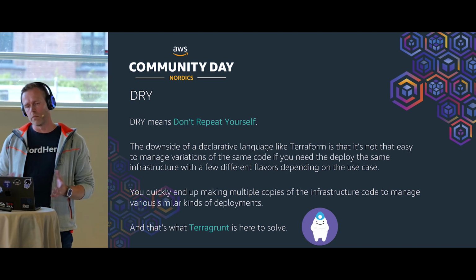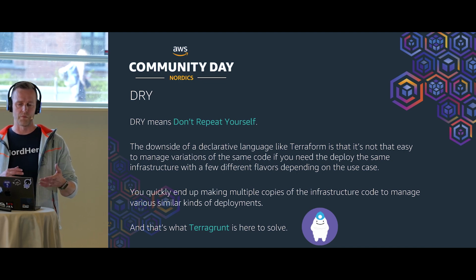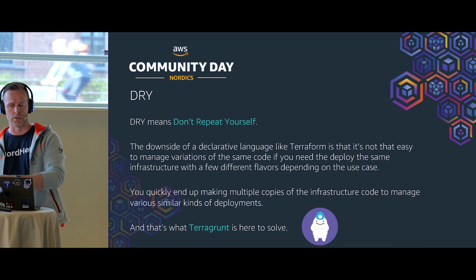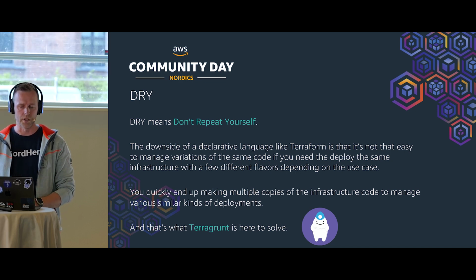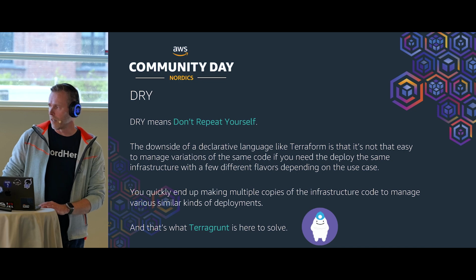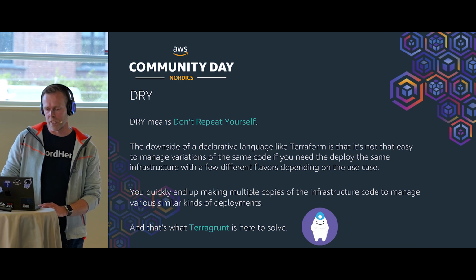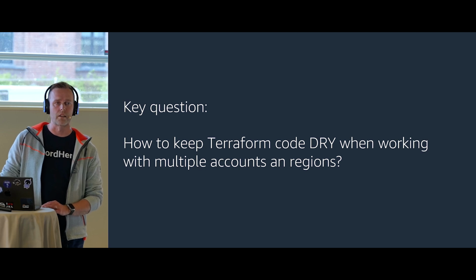That kind of differences between systems, and having the same infrastructure but in different regions and that kind of stuff, has been pretty cumbersome to manage with Terraform, and people have tried out different things to manage the issue. But Terragrunt is something to solve that kind of stuff. And the key question is, how does Terragrunt do that?